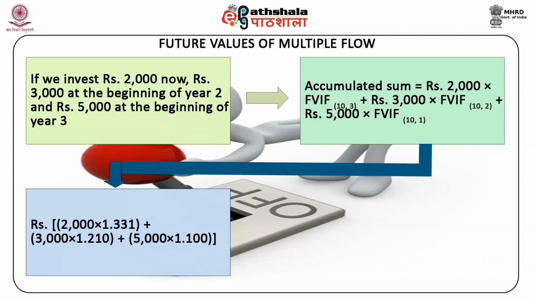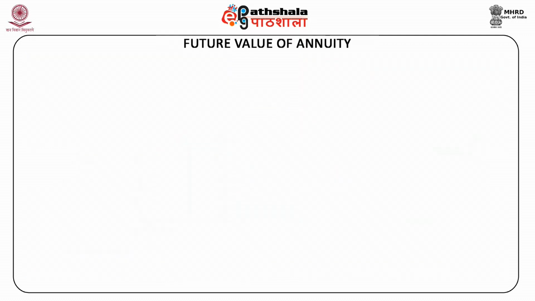This is equal to 2662 plus 3630 plus 5500. This will aggregate to 11,792.